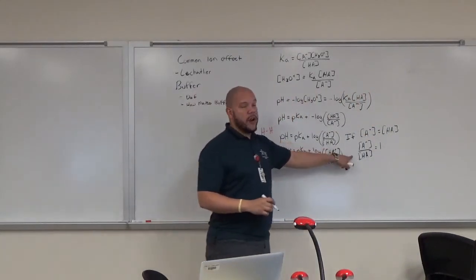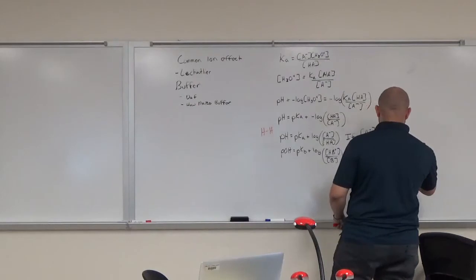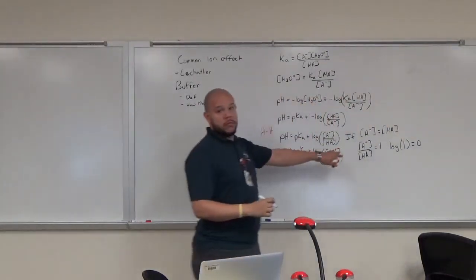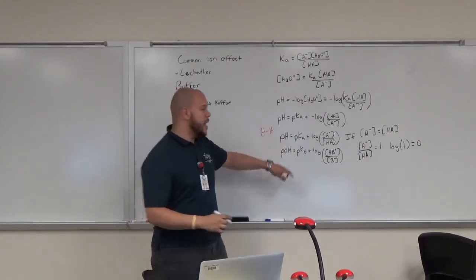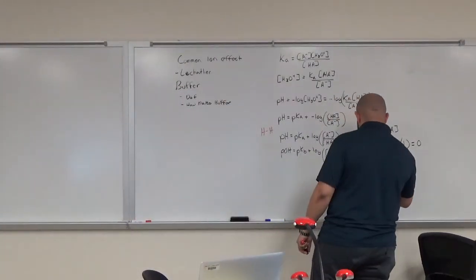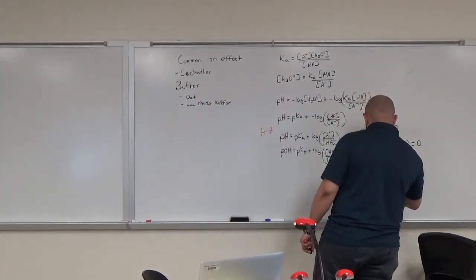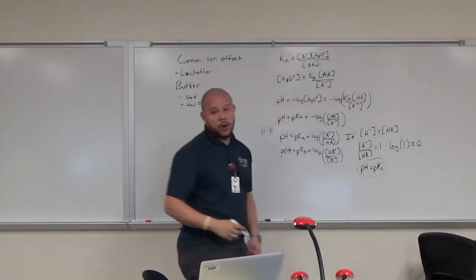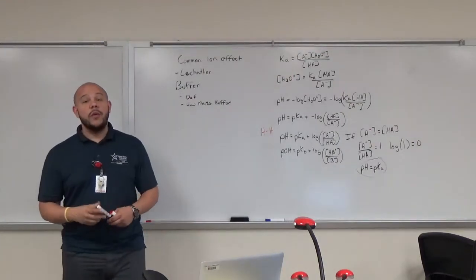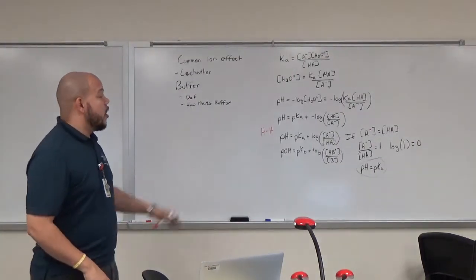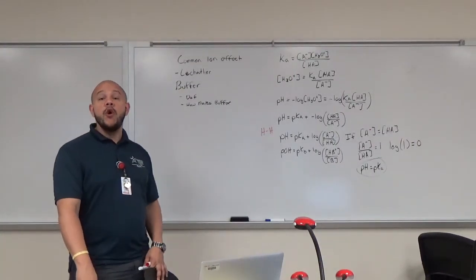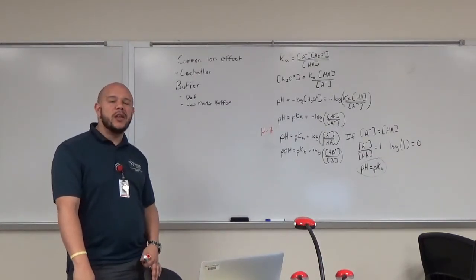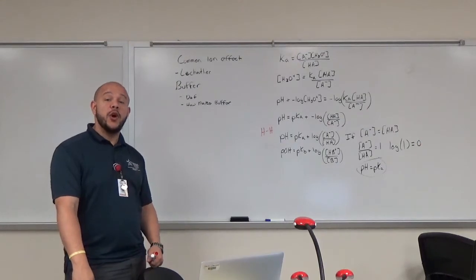And if A over HA is equal to 1, then the log of 1 is equal to 0. And therefore, pH equals pKa. And this is important because when pH equals pKa, and both of these concentrations are equal, when we've made a buffer of equal concentration, it makes a very quick calculation to determine what the pH of the buffer should be.